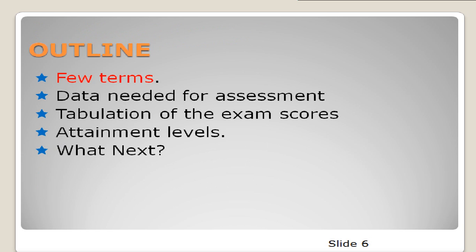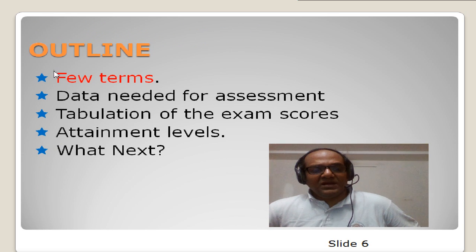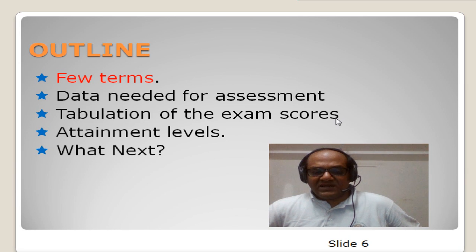The outline of the presentation: first, a few slides define some terms that you may come across, what data is needed for assessment, and what kind of tabulation is needed for exam scores and attainment levels, and a few concrete things that we need to do while we fill the self-assessment report. We'll spend quite a bit of time on tabulation of exam scores and attainment values. We define and show how they are computed, and so on.